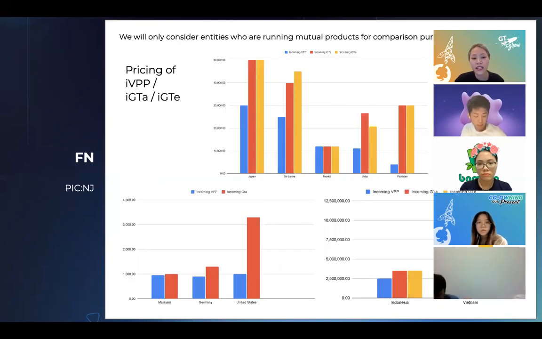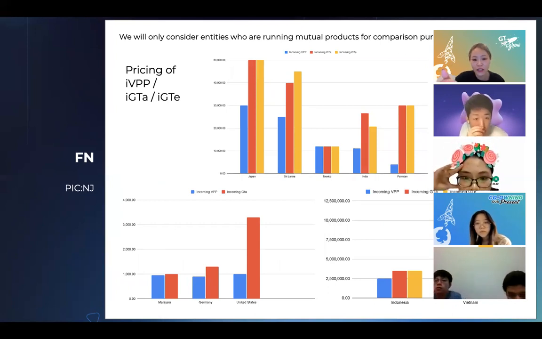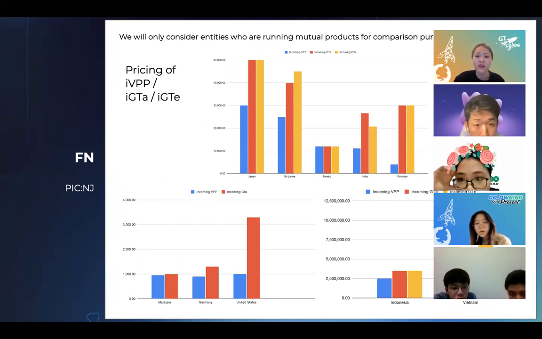And then when we were analyzing the pricing itself, what we realized is that most of the time, especially for entities performing in both GTA, GTE, and incoming VPP, we are charging 20% less than the normal price we charge for GTA.